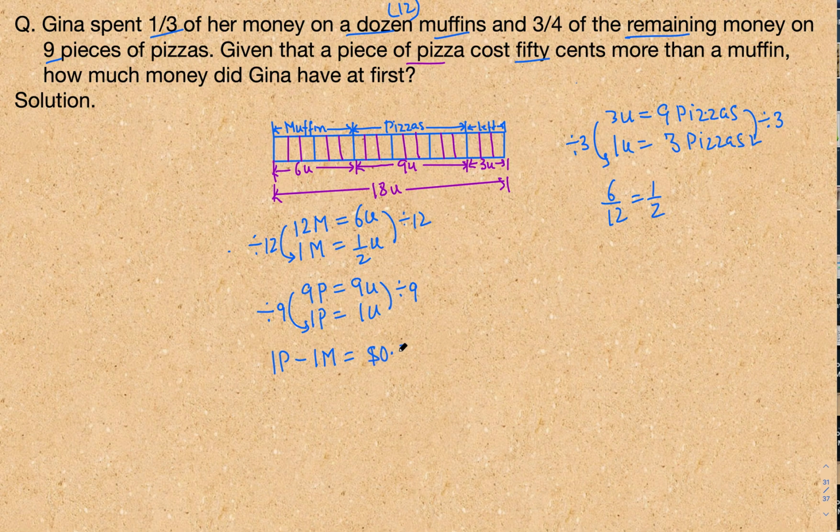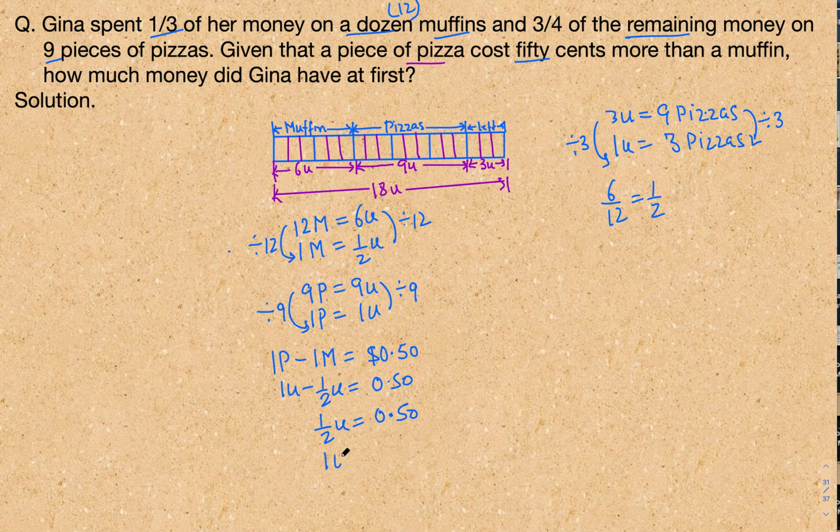One pizza is 1 unit, and one muffin is half a unit. So 1 unit minus half a unit is half a unit, so half a unit is 50 cents.